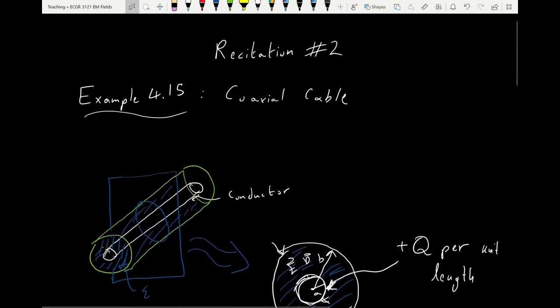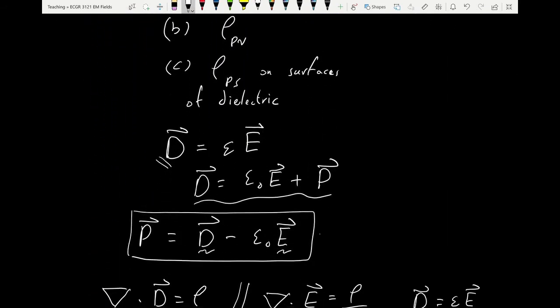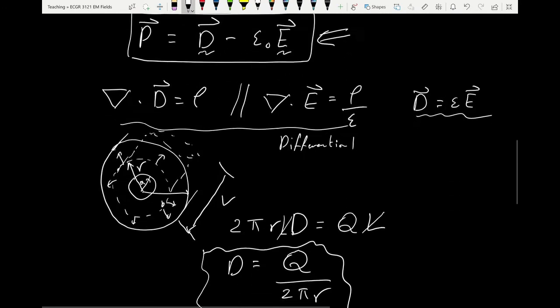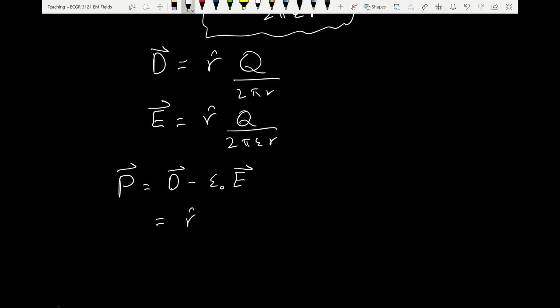So P is, oh, I wrote it down here. So we're going to use this equation, right? P equals D minus epsilon naught E. That's what P is. I'll write it down and then manipulate it.